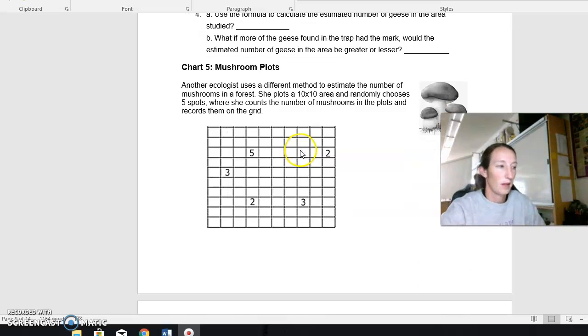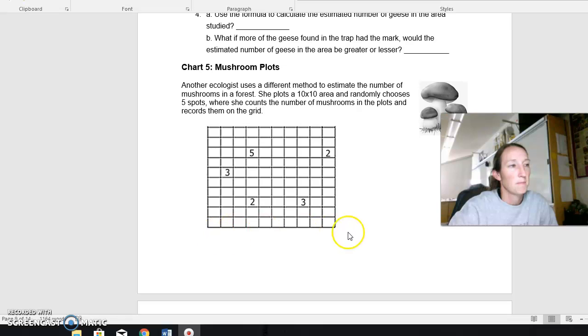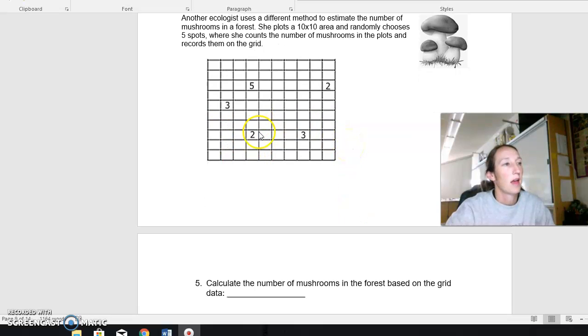Okay. This one, the mushroom plots. Okay, it says, using this plot, a 10 by 10, the ecologist, instead of counting every mushroom in that entire area, she picked 5 spots and counted the mushrooms. And then it says, calculate the number of mushrooms in the forest based on the grid data. Once again, you don't want to count every single spot out of those 100. So she randomly picked 5, counted them, and now let's see if we can use that to figure out an average for the entire area.